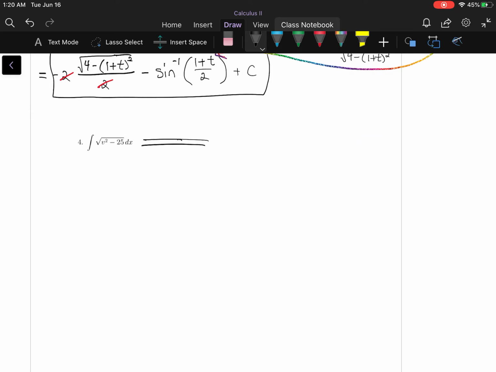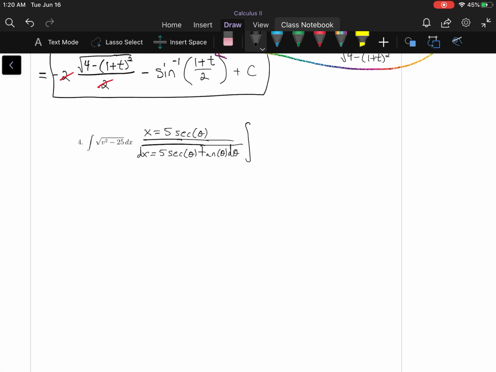And so I'm going to let x be 5 secant theta in this case, which means dx equals 5 secant theta tan theta d theta.